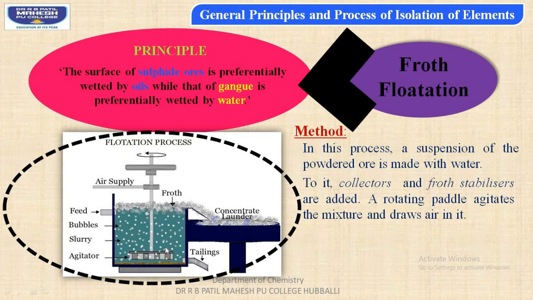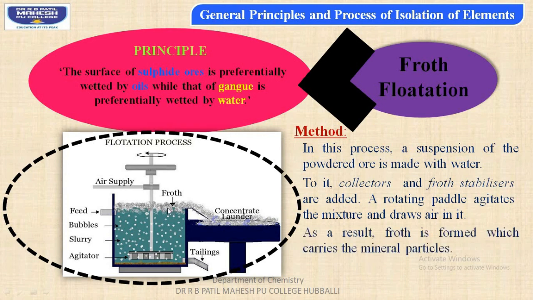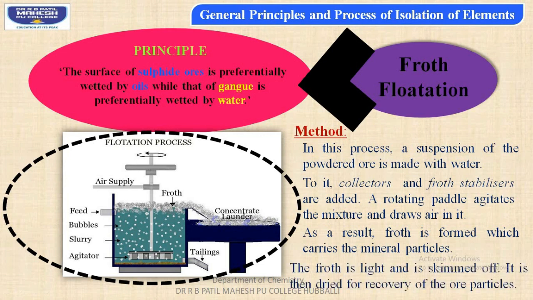As a result of this, froth is formed at the top of the vessel, which carries the mineral particles along with it. Thus, froth is light and can be easily skimmed off. It is then dried for the recovery of the ore particles.